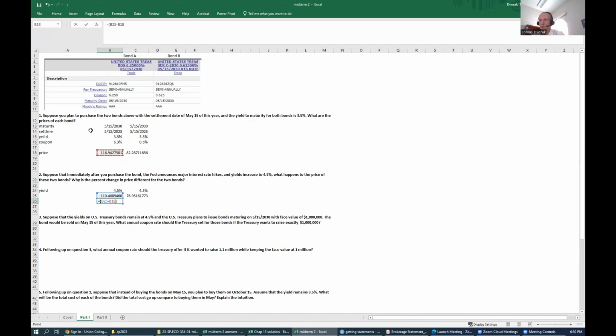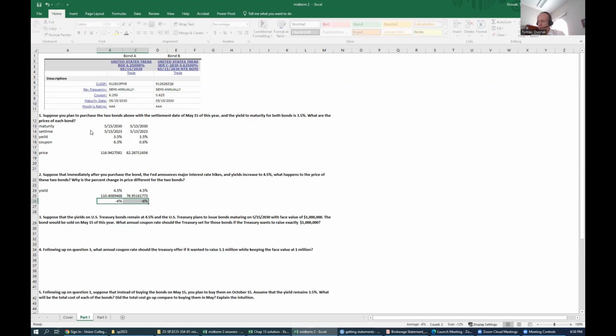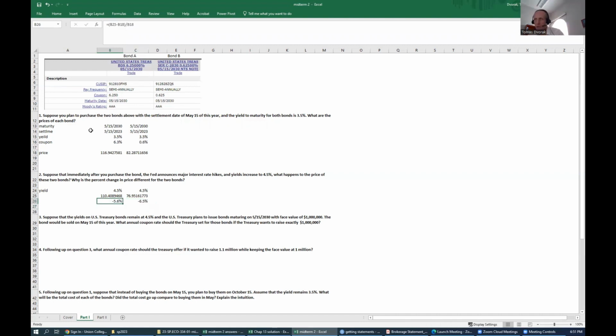For bond A, I need to just divide that by the initial one. Control R, let's format it as a percent. Let's add decimal places. So for the first bond, prices dropped 5.6%.